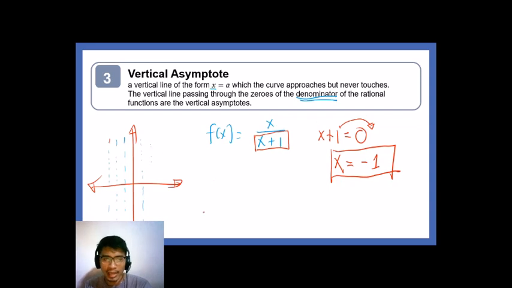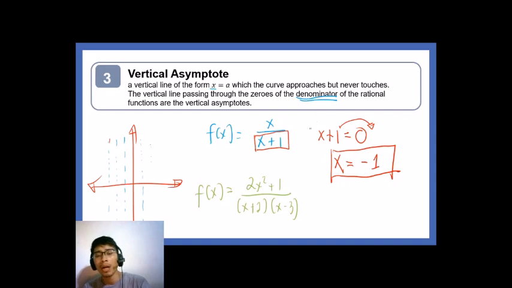Okay, another example to have a clear picture of how the vertical asymptote works. For example, I have here f of x is equal to 2x squared plus 1 all over x plus 2 and x minus 3.